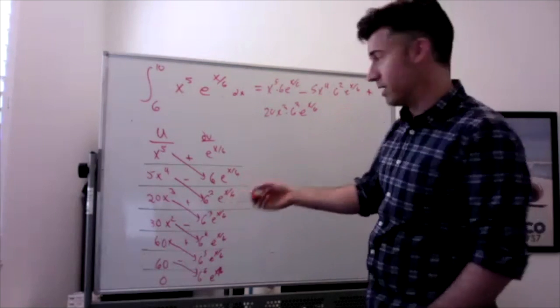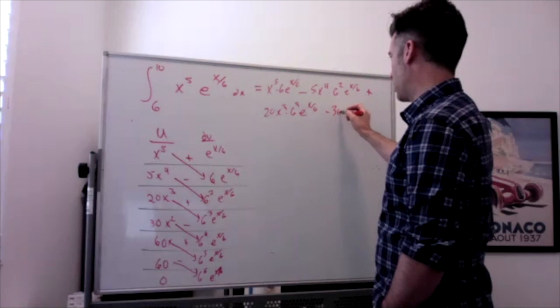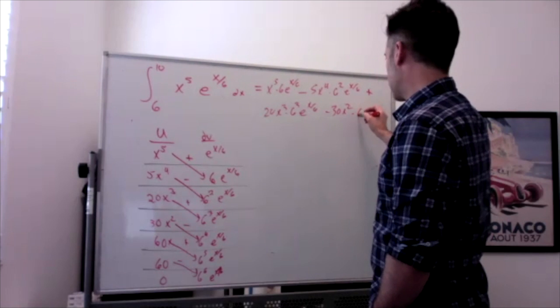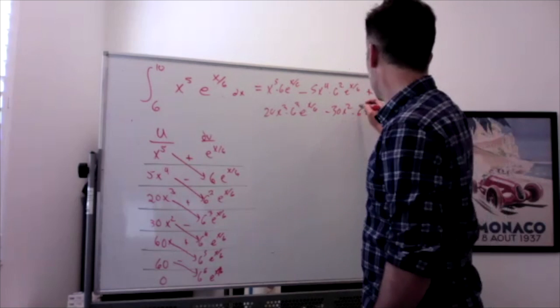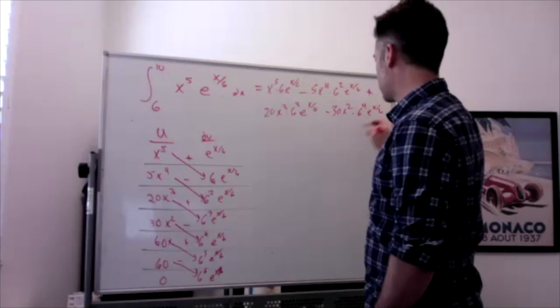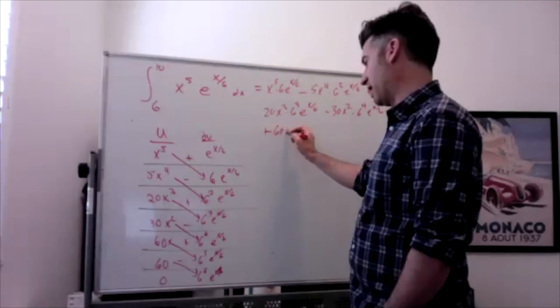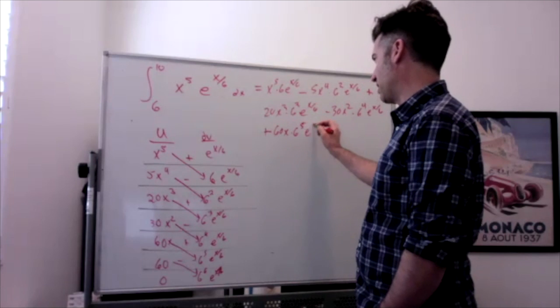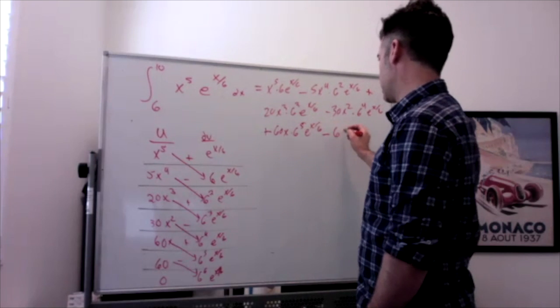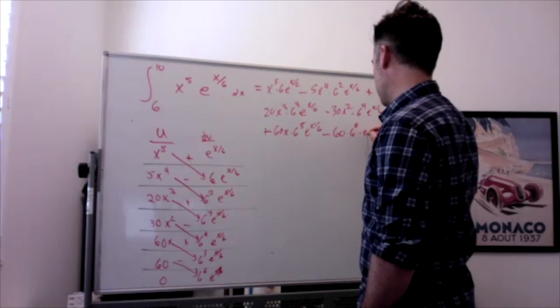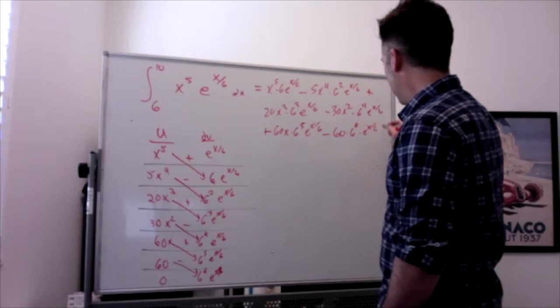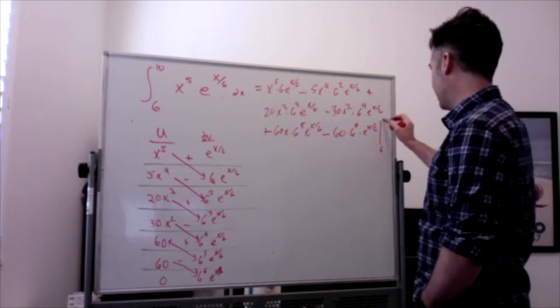I think you get the idea. Minus 30x squared times 6 to the 4th e to the x over 6 plus 60x times 6 to the 5th e to the x over 6 minus 60 times 6 to the 6th times e to the x over 6, evaluated from 6 to 10.